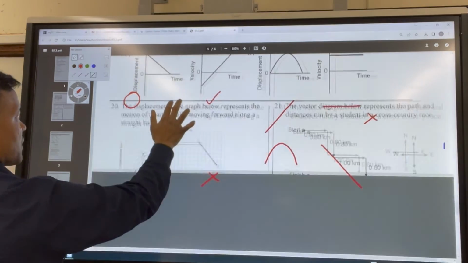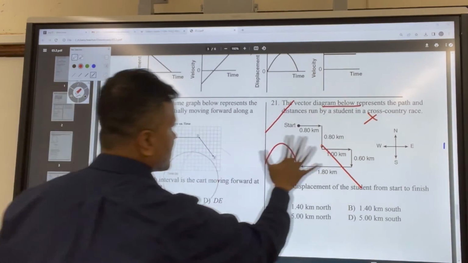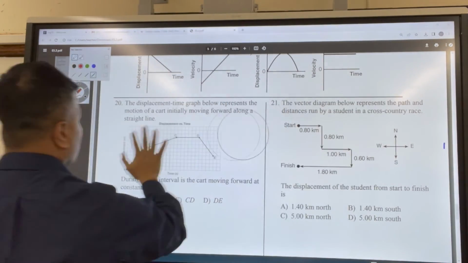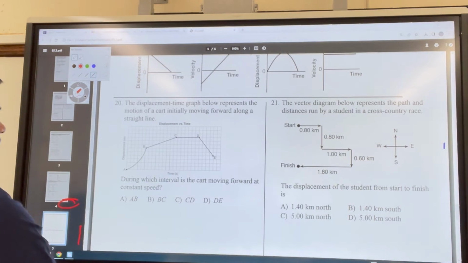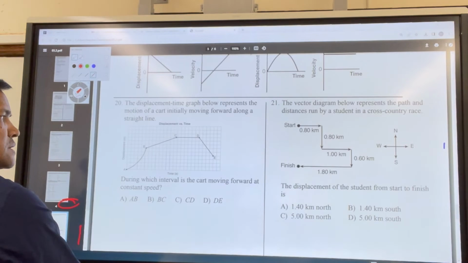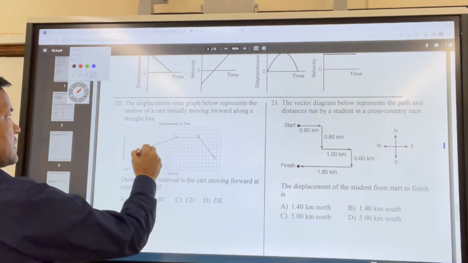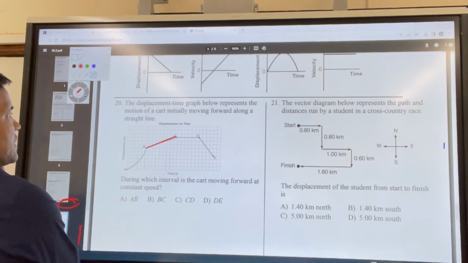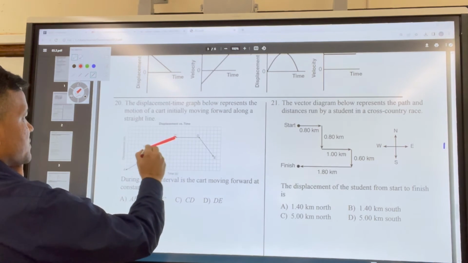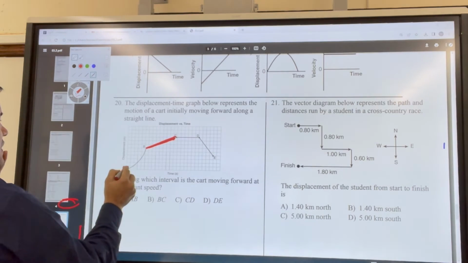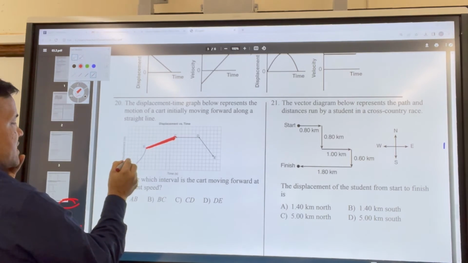That takes us to problem number 20. During which interval is the car moving with constant speed? The displacement-time graph below represents the motion of a car initially moving forward. This one is moving forward, but velocity is not constant, acceleration is greater than 0.